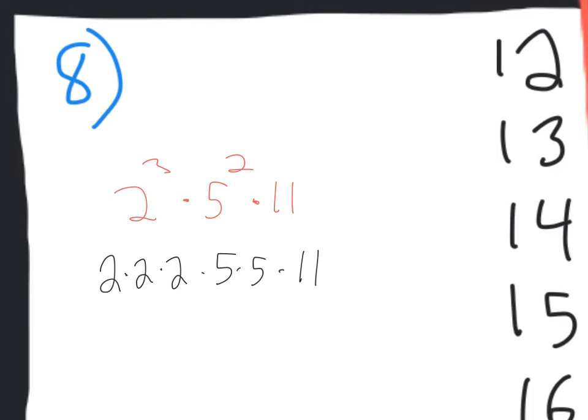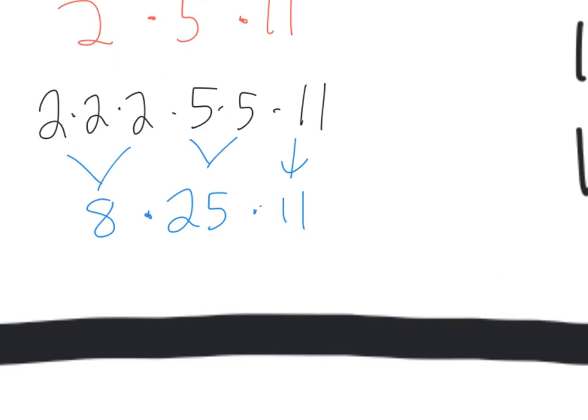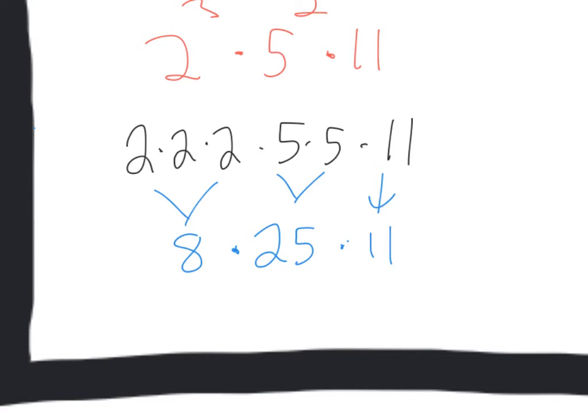And we can break that multiplication up. 2 times 2 times 2 is going to make 8. 5 times 5 makes 25. And we can bring that 11 on down, times 11. You can use a calculator, or you can try to do this on your own off to the side. 8 times 25, well, I know 8 quarters makes $2, so that would be 200.